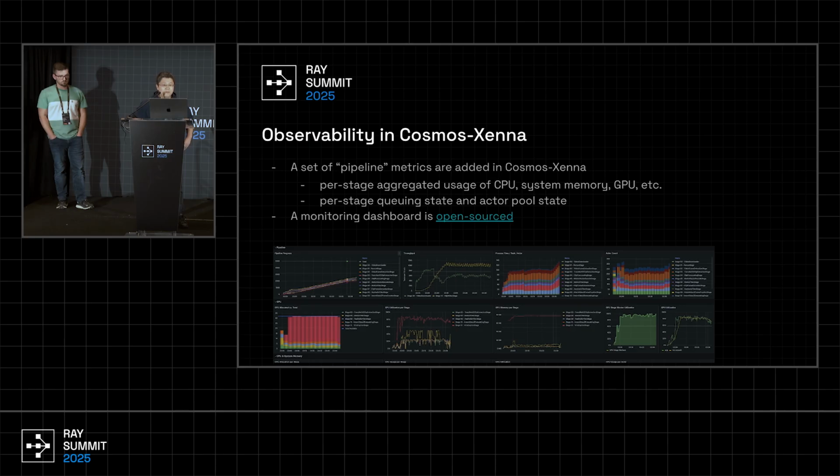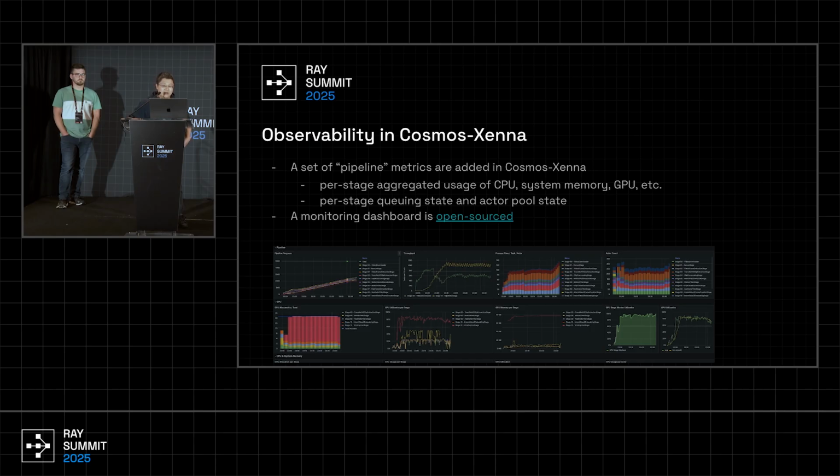The second goal we want to achieve is that we need to expose a set of metrics that describe the internal state of Cosmos-Xenna, or the orchestration layer of Cosmos-Xenna. For example, we wanted the per-stage queuing state and actor pool state such that we can figure out potentially which stage is a bottleneck.